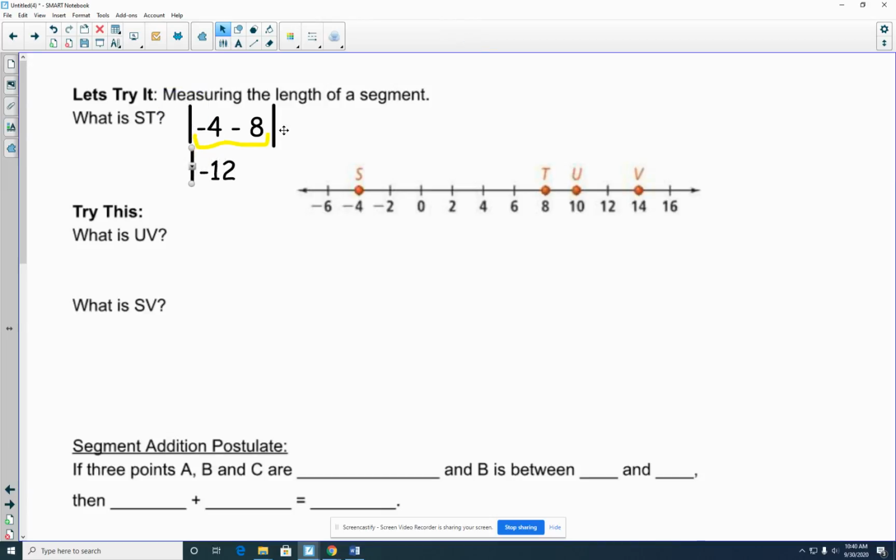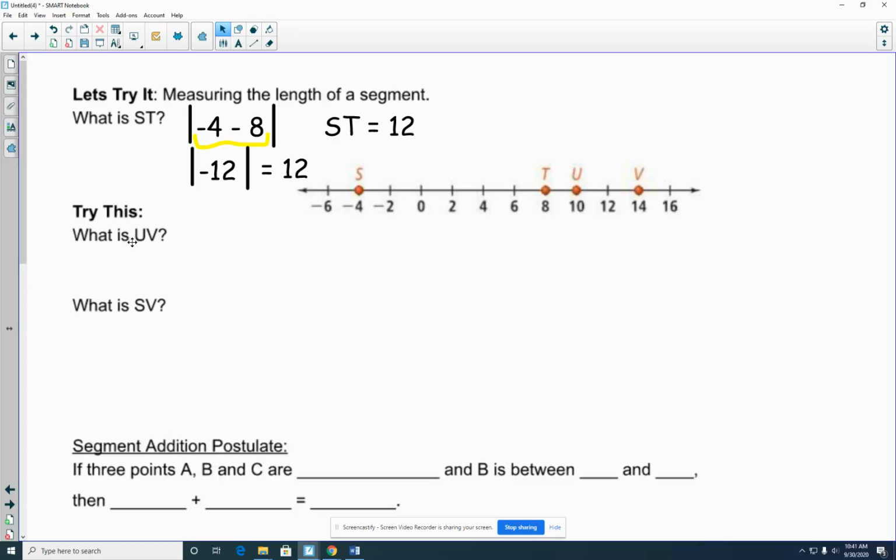So I just say, okay, the absolute value of -12 is 12. So the length of ST is just 12. That's your answer here. That's how you find the length of a segment.